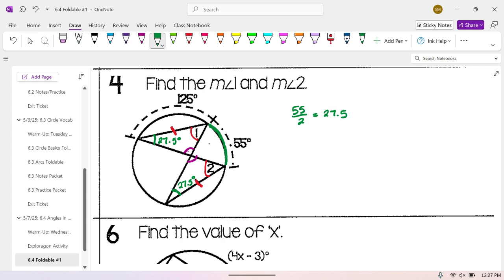All right. Now, the next thing we could do has to deal with those two congruent sides. What's so special about that congruent side? About one of the congruent sides specifically? The arc is what?